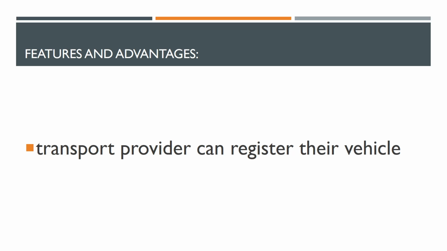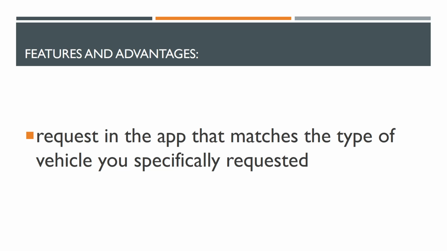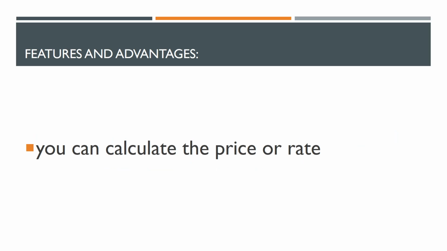Fourth, the transport provider can register their vehicle under a specific category. Fifth, you can request in the app a vehicle that matches the type you specifically requested. Sixth, it has a feature where you can calculate the price or rate depending on the type of vehicle plus the distance plus the cargo or the passenger.